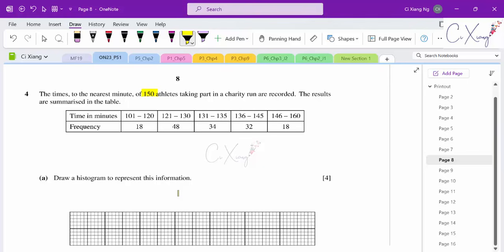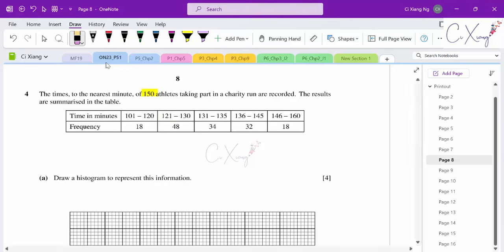So to sketch the histogram, if you observe all these classes, you realize that they have different widths. So maybe you need to know the class boundary first. If you double check with the values here, this upper limit is 120 and the lower limit for the next class is 121, so there's a gap between them.